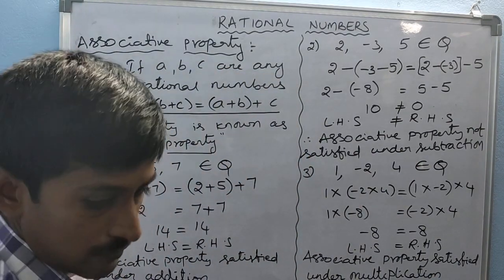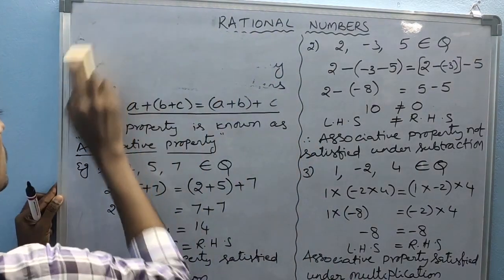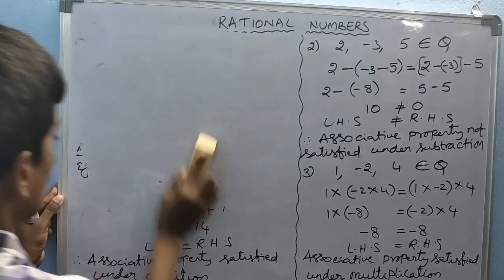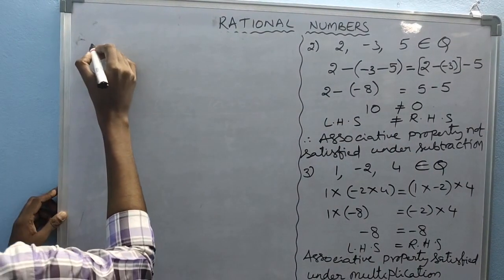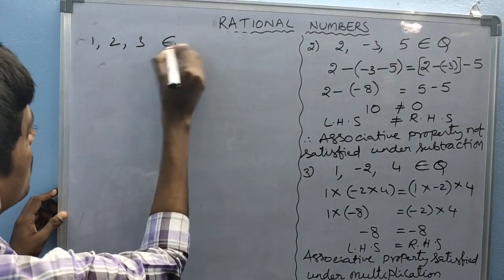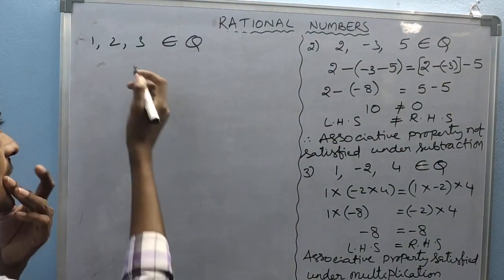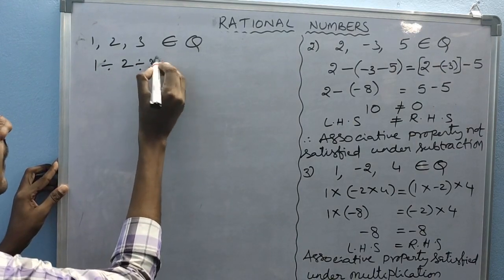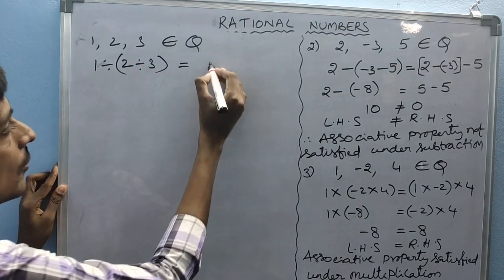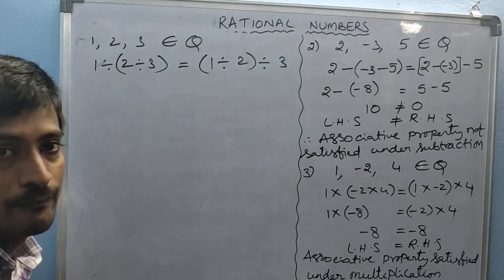Now the next one is division. What about division? 1, 2, 3 belong to Q, three rational numbers. (1 divided by 2) divided by 3 equals 1 divided by (2 divided by 3).